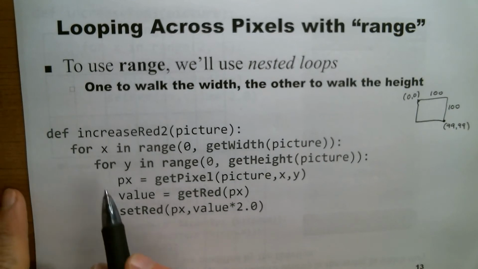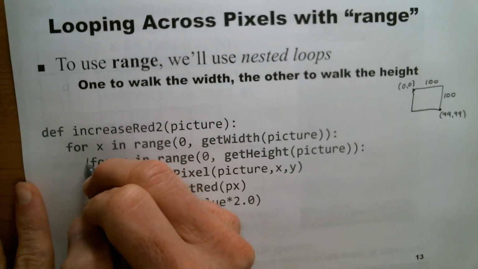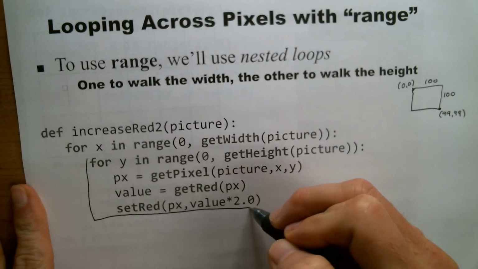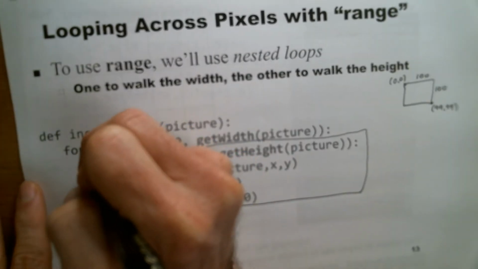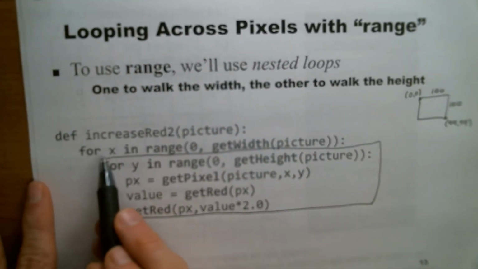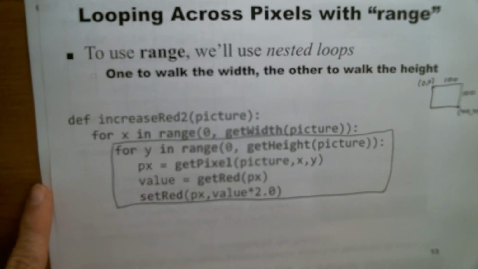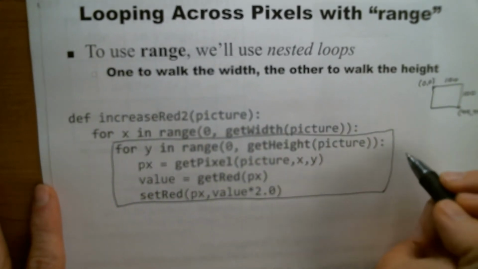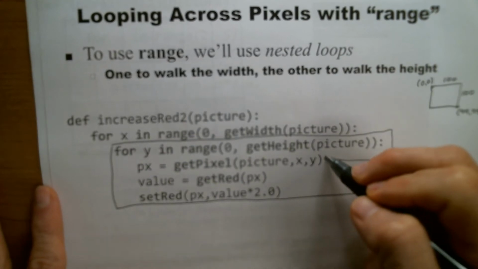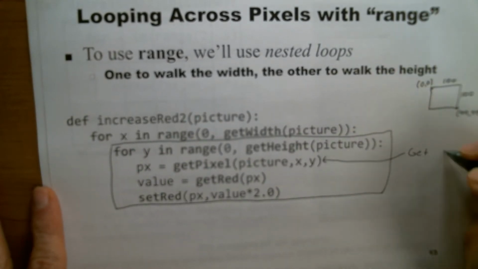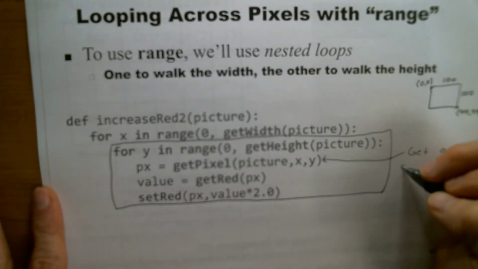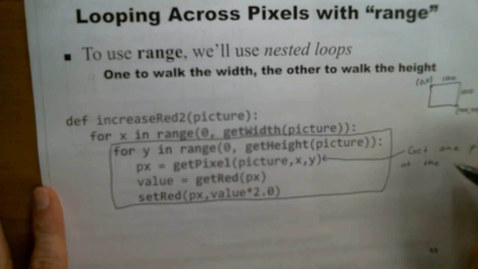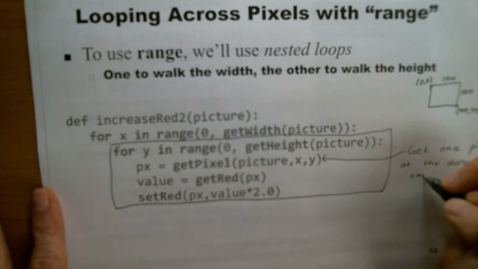So what we have going on here is we've got this inner loop that's going to navigate the Y's, and then we have this outer loop that's going to navigate the X. So this code right here is going to get 1 pixel at the designated coordinates.